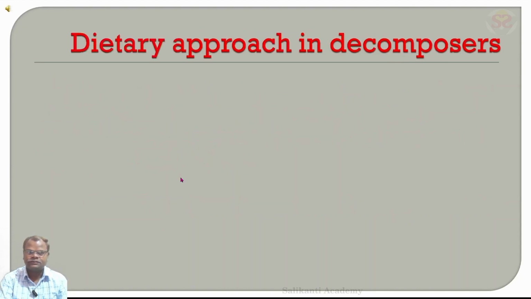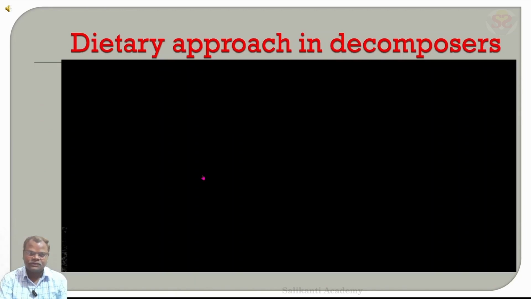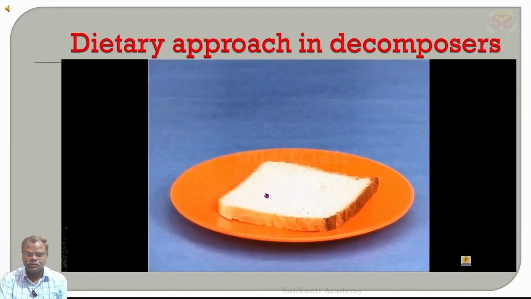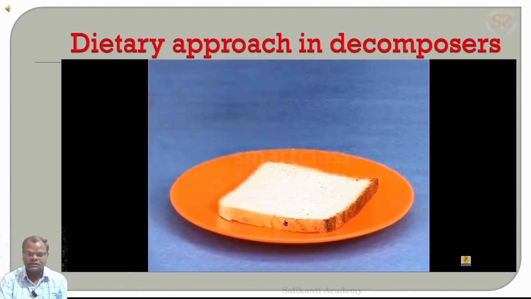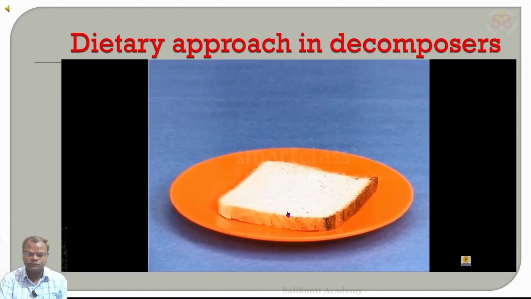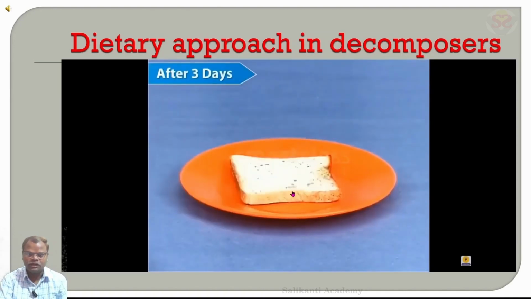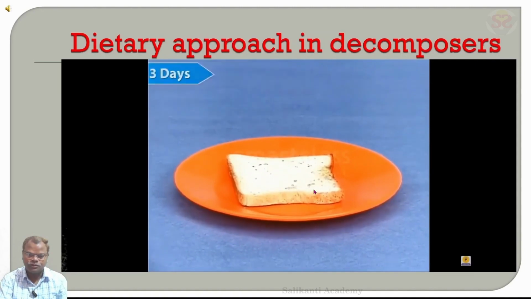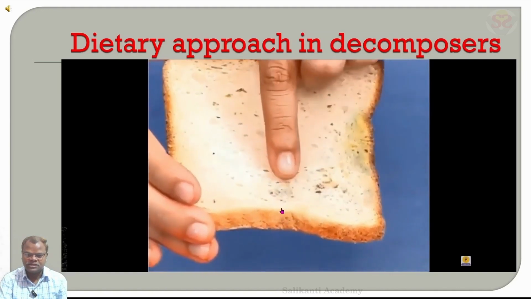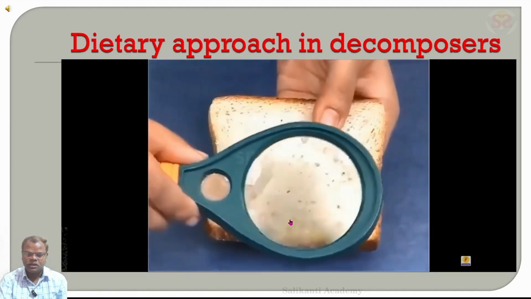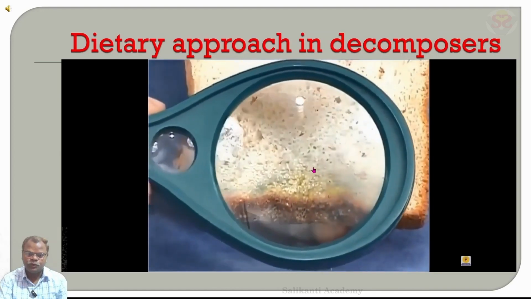See children, the dietary approach in decomposers, how they take their nutrients. Clearly observe this experiment. We took a bread slice, put it on a plate and sprinkled some water on it. After 3 days we observe black structured surfaces on the bread slice. By observing with a magnifying glass, you clearly observe them.